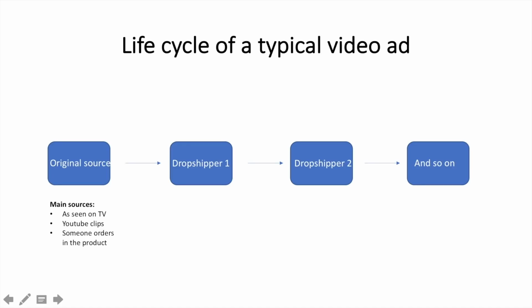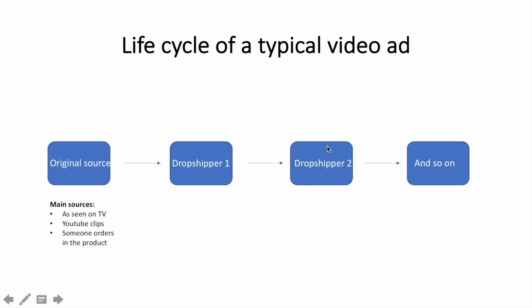What happens is dropshipper number one comes in and copies some of this content and makes a video ad with it. Then dropshipper number two will see that dropshipper number one's ad is successful, it's getting crazy engagement, it's going viral. So they'll download this video, re-upload it to their Facebook page and launch the ad, and dropshipper number three will copy dropshipper number two, and this just keeps happening.